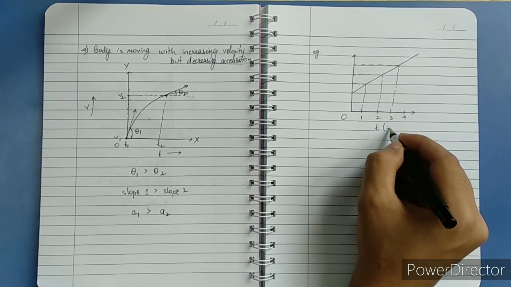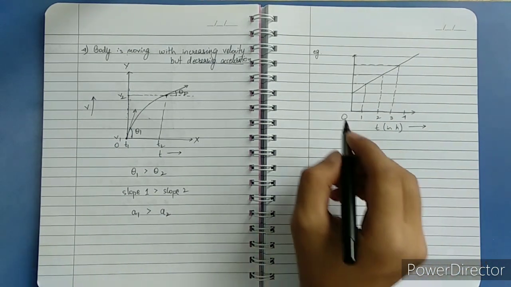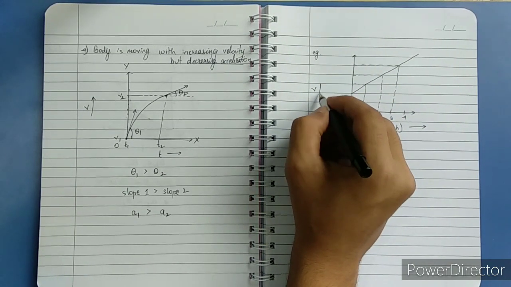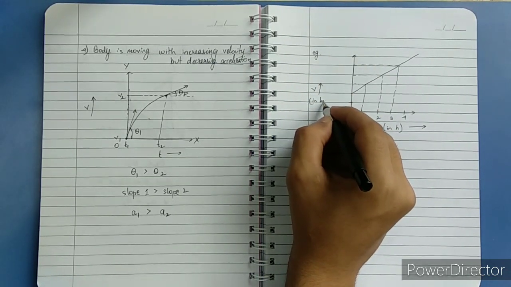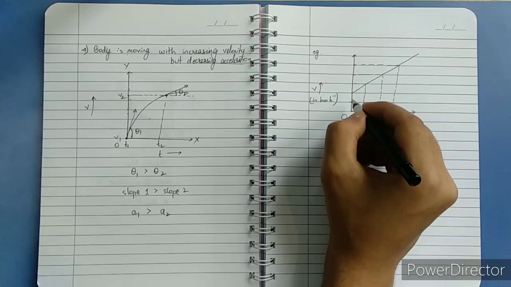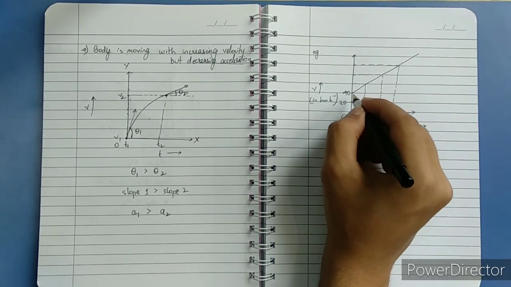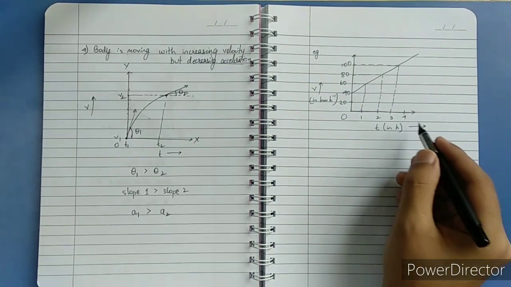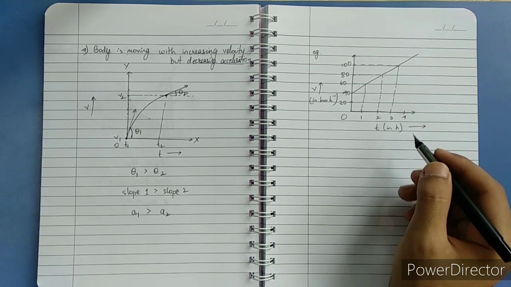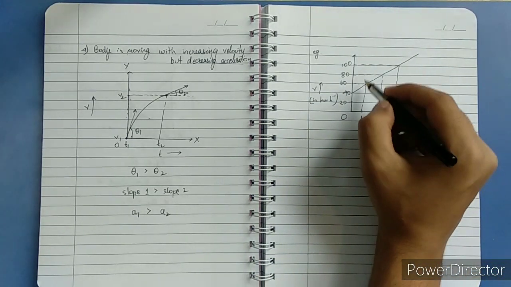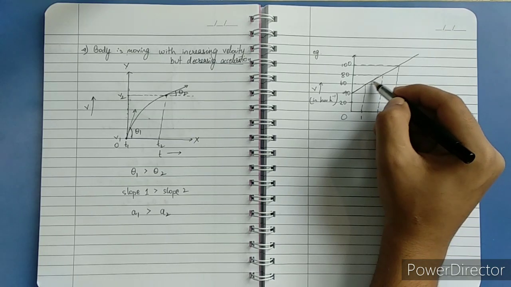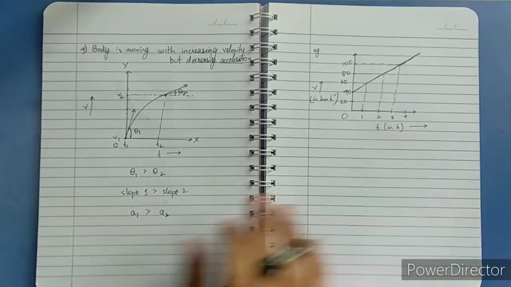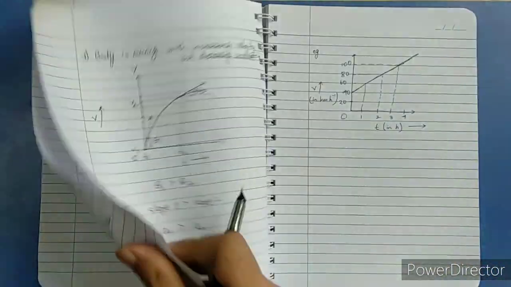So this is time in hours. This is velocity in kilometer per hour. So this is say 20, 40, 60, 80, 100, and 1, 2, 3, 4. Okay. So this is an example, this is a straight line. So slope is constant. Slope constant means acceleration is constant. The body is moving with constant acceleration. This is an example of this graph.